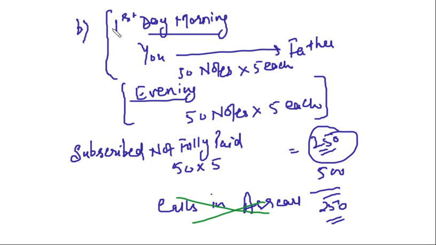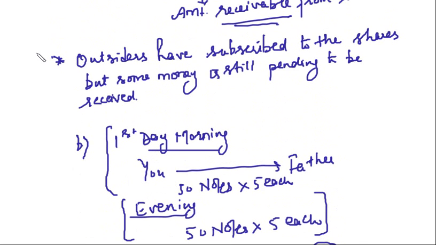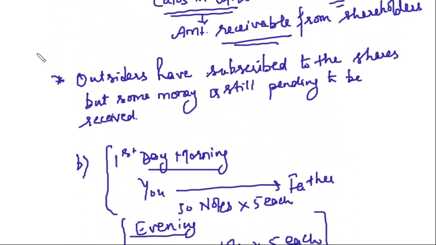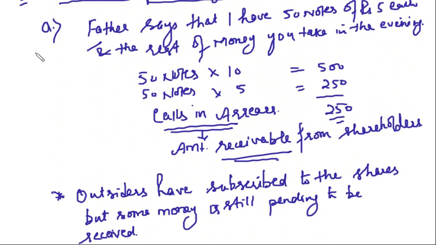Now see the difference between A and B. Try to understand the difference between A and B. What happened in A? You asked your father for 50 notes of rupees 10. First of all, tell me what is the value of your receipt. Each receipt values rupees 10, right? You asked your father for 50 notes of rupees 10 each, 500 rupees.